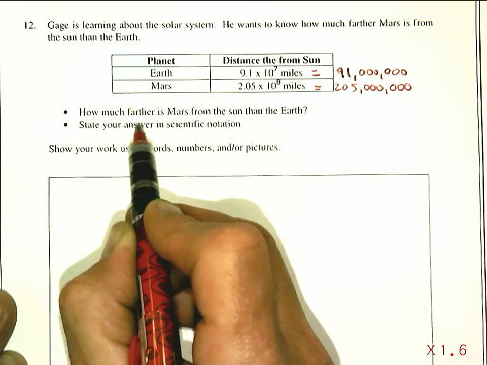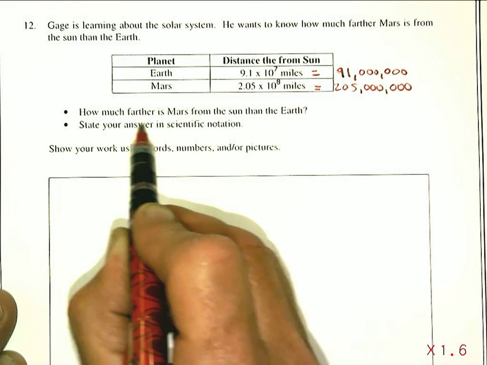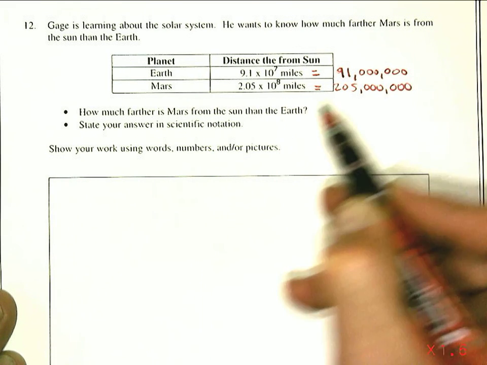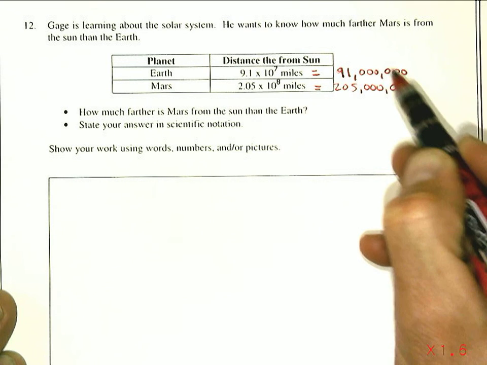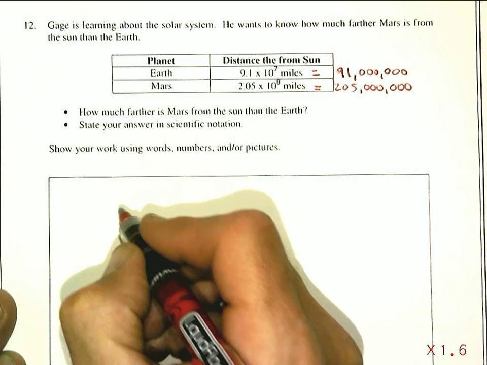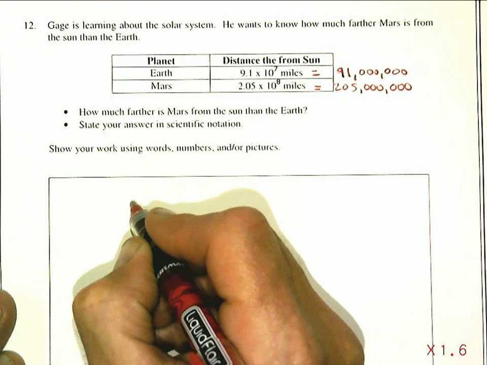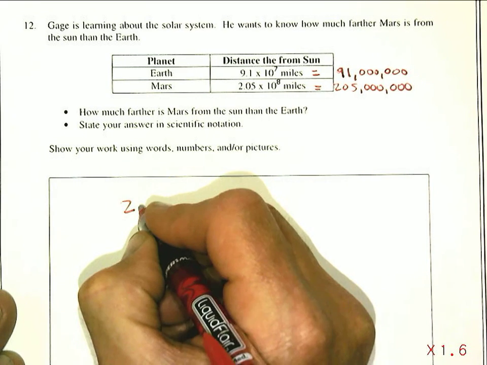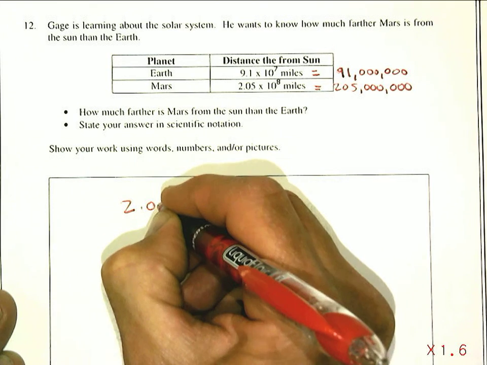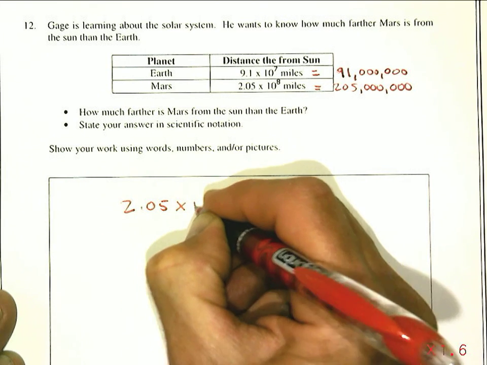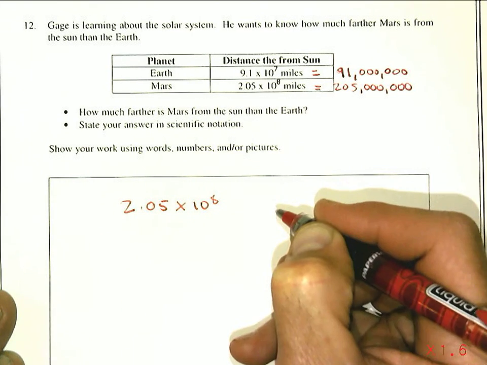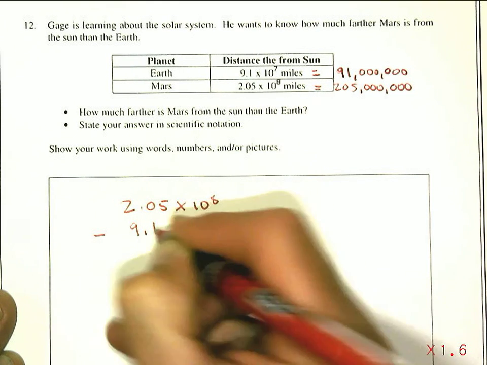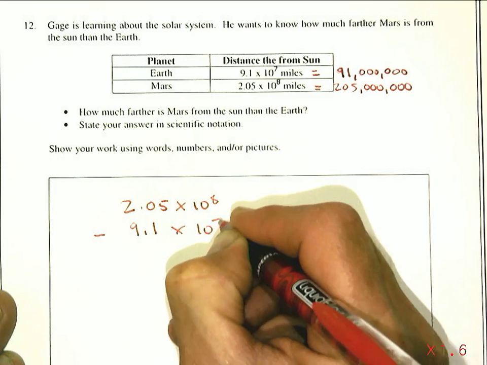And so now I can use this to answer the question, how much farther is Mars from the sun than the Earth? So we really want to know the difference between these two distances. In my mathematical writing, I would think of it like this: 2.05 times 10 to the 8th minus 9.1 times 10 to the 7th.